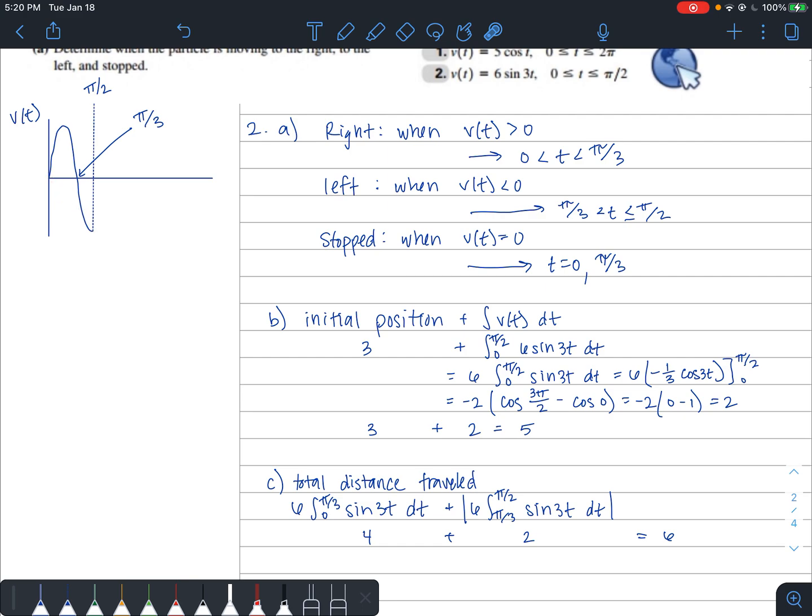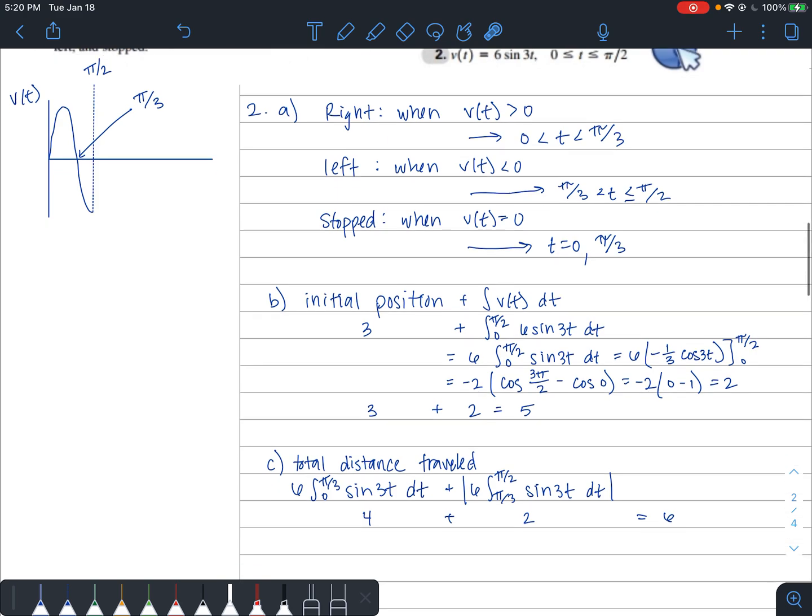That's how much it moved right and left, accounting for both. But considering that we started at 3 units, we ended up at 5. It looks like we moved to the right, then moved to the left a little bit, and ended up right here at 5. So our displacement was 2 units total, and we ended up at 5.